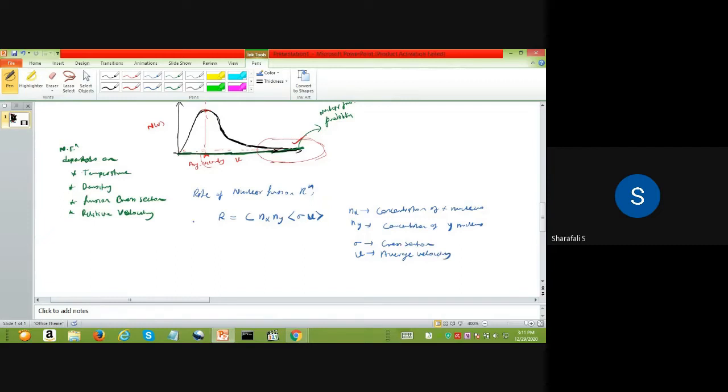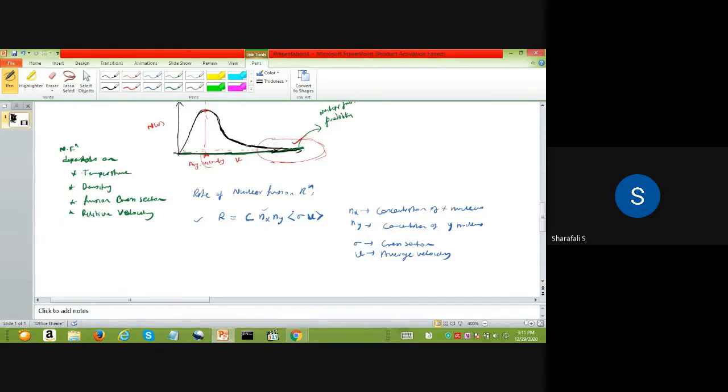So the rate of reaction, which means how many nuclear fusion reactions will occur per second, is proportional to the density of those reactants, that is nx and ny. It is also proportional to the nuclear fusion cross section, and to the relative or average velocity.